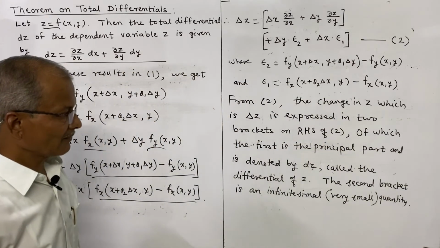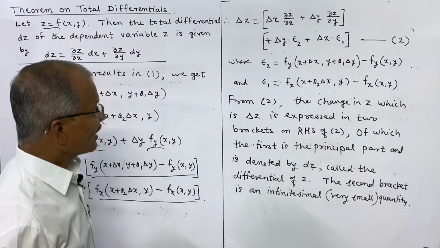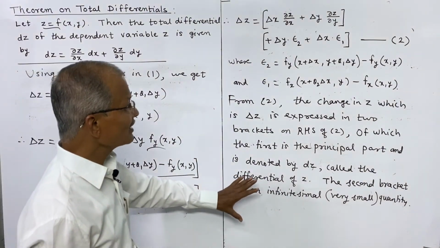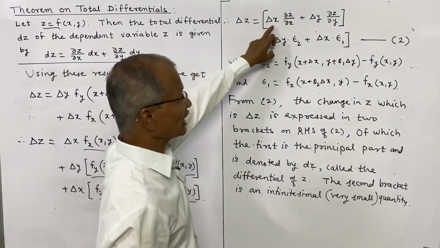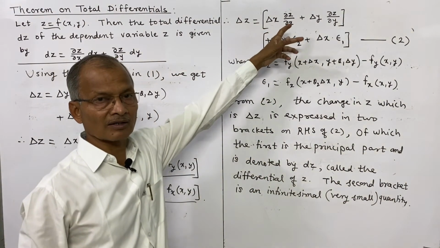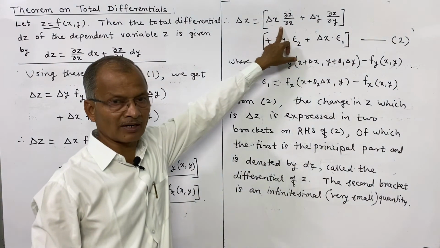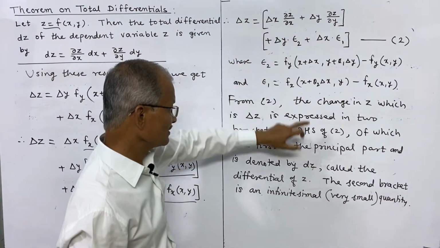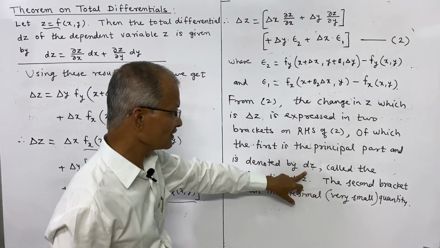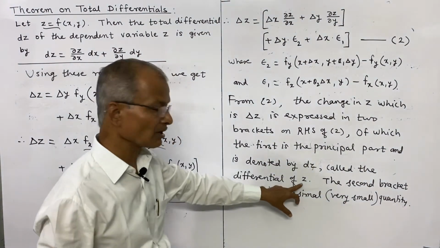The second bracket is an infinitesimal quantity, and thus delta z, which is the change in z, is expressed in two parts, of which the first is the principal part. That part is denoted by dz and is called the differential of z.